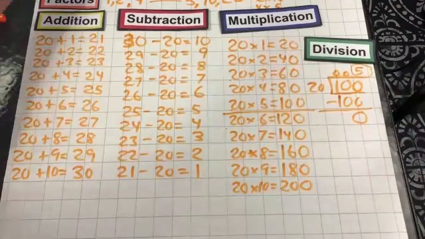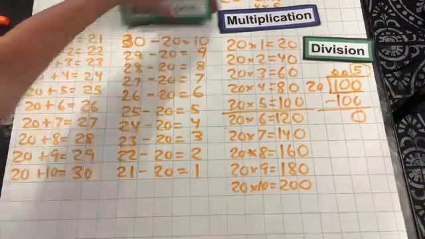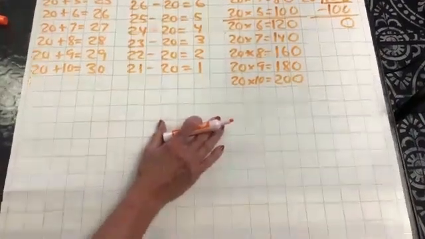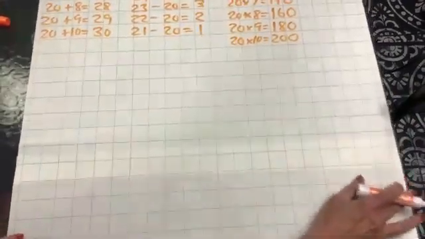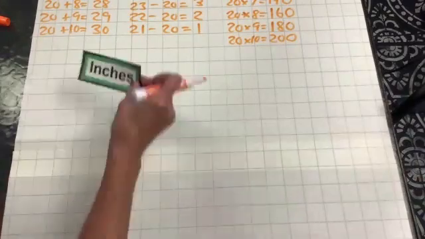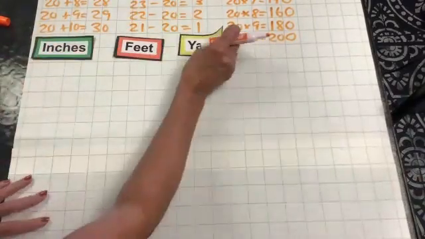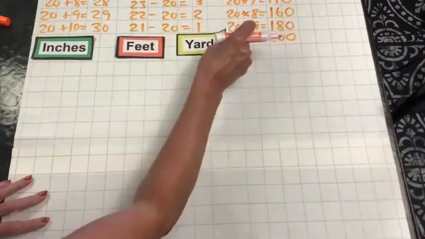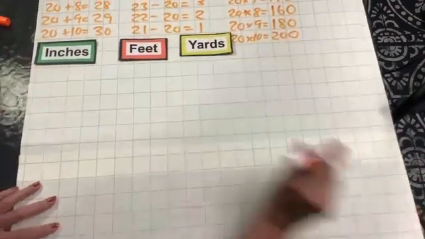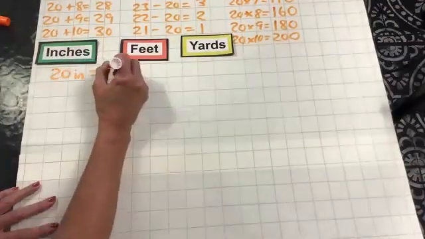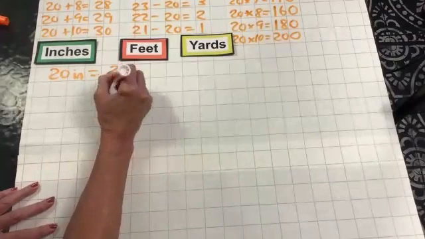All right, moving right on to our measurement. Move my paper up. We've got inches, feet, and yards. So you're ready to rock here. 20 inches equals 20 over 12.